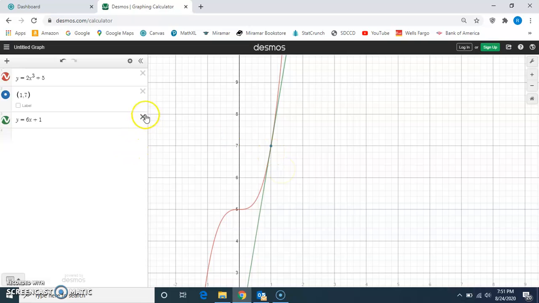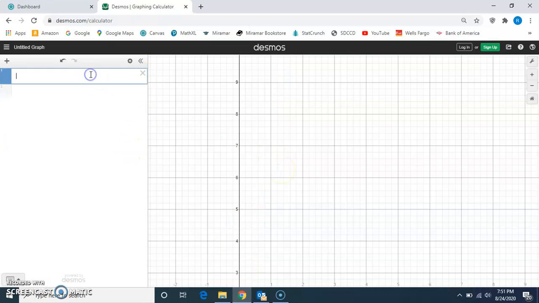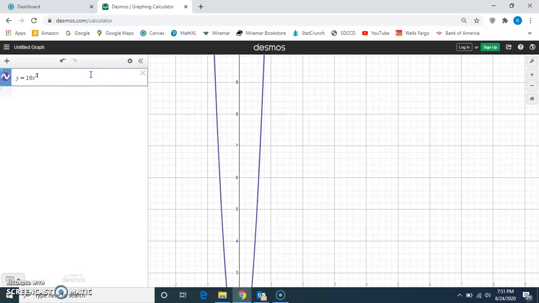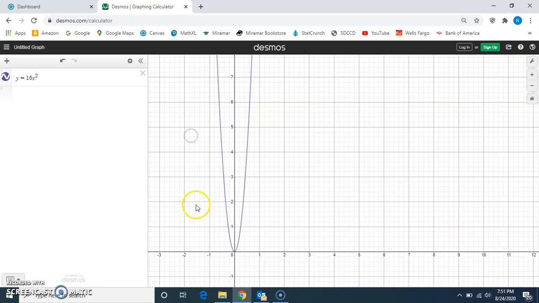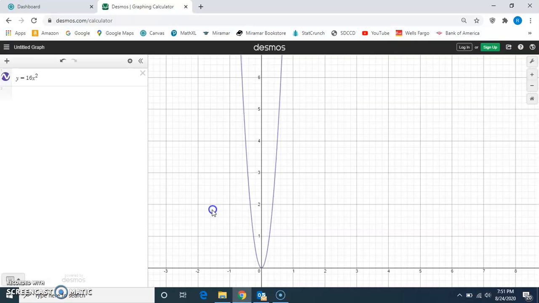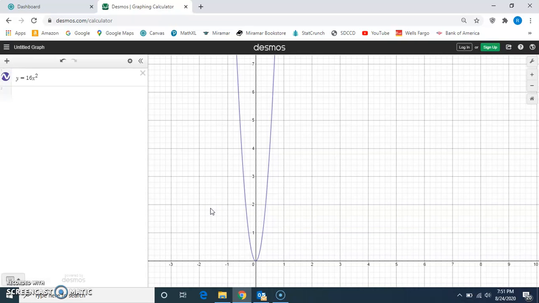Okay. So then we went ahead and we looked at y equals 16x squared. And it's this very steep parabola like so. And we found the derivative function f prime of x to equal 32x. We played around with some of the slopes of the tangent line.